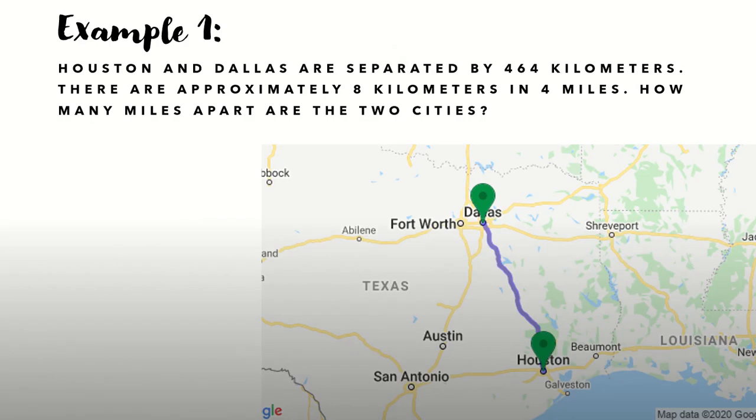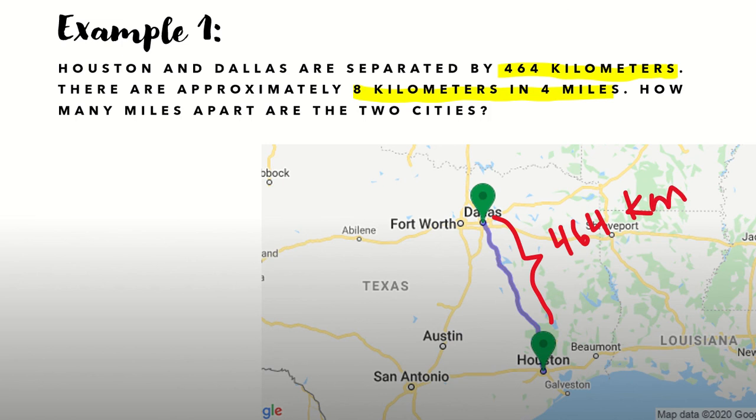Number 1. Houston and Dallas are separated by 464 kilometers. There are approximately 8 kilometers in 4 miles. How many miles apart are the two cities? On a map, and you don't have this picture in your notes, but you're watching, Houston and Dallas are 464 kilometers apart.